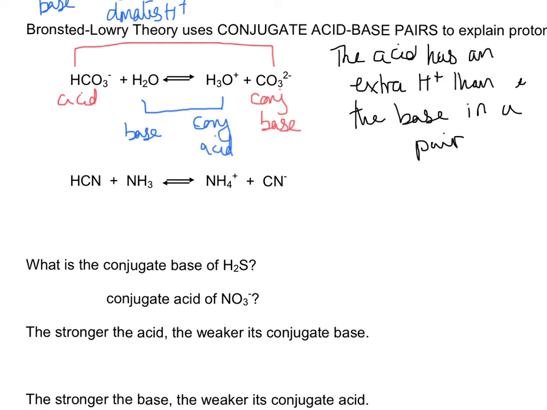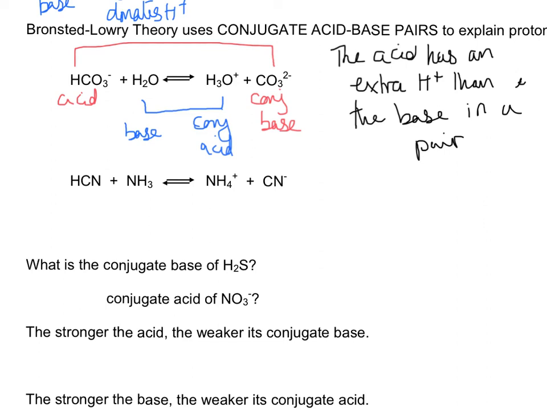Okay, let's look at the next one. We have HCN reacting with NH3 to form NH4 plus and CN minus. Now, you might be able to just look at it and tell that the HCN is an acid, because you know if it starts with an H, it's an acid. And you know that ammonia, NH3, is a base, so you can right away tell that this would be your acid, this would be your base.